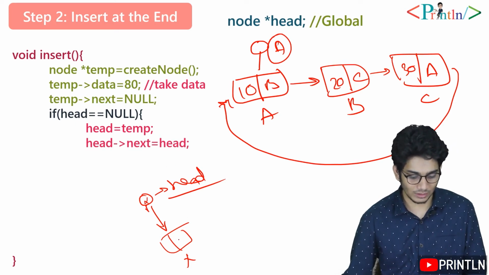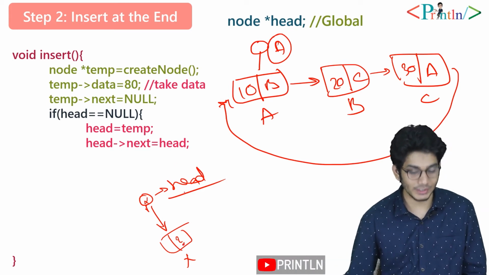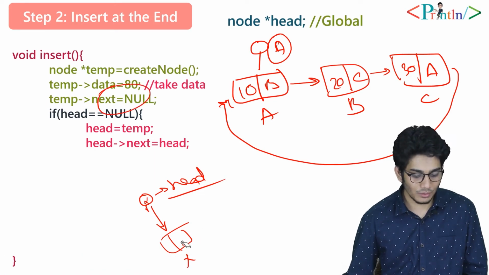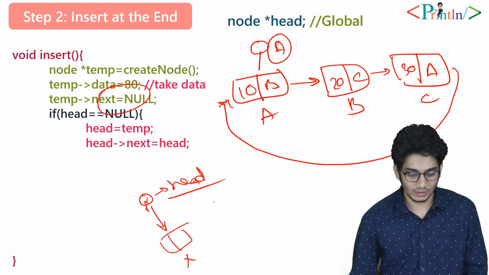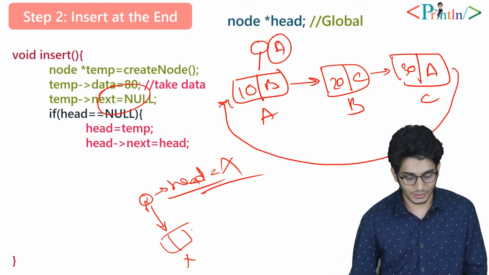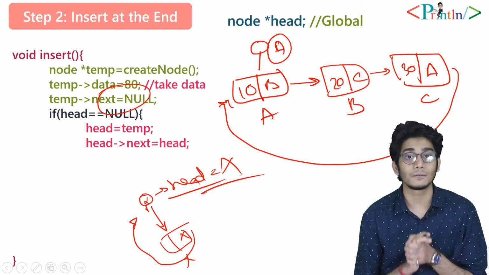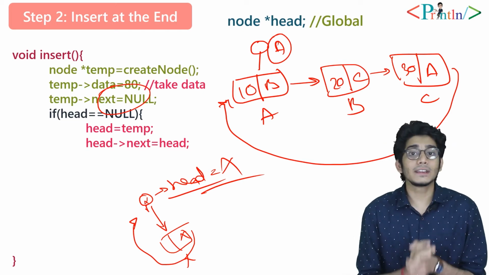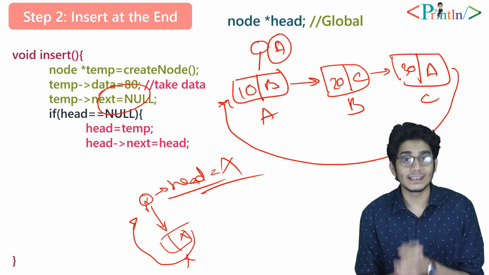What is the head next now? The head next is null, because now head is pointing to temp. So what is the temp next? That is null. Now we have to put head next equals to head. So what is the value of head now? The value of head is X. We'll put X over here. Then you can see that we have successfully created the first node for the singly circular linked list. So this is how we can add a node when we don't have any value within a linked list.